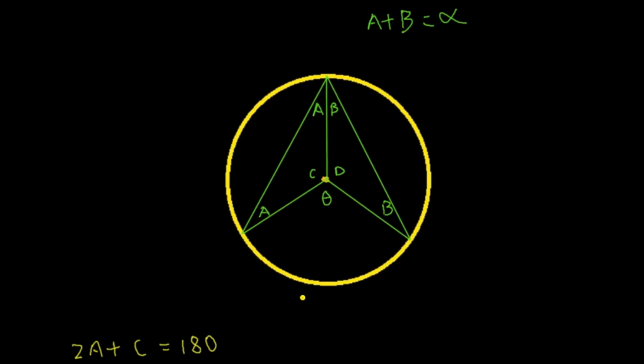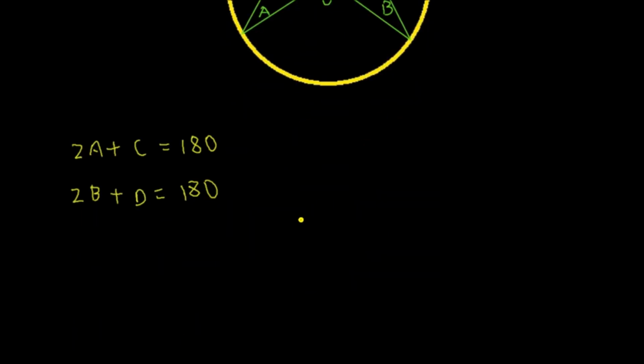Okay, so what else do we know? Let's look at this angle here. The full angle here is 360 degrees. So C plus D plus theta should be equal to 360 degrees.